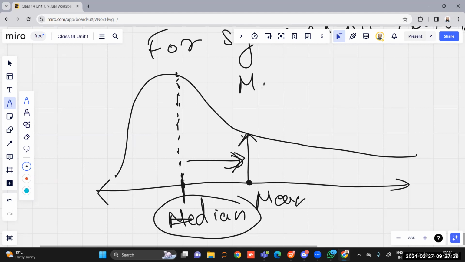The mean and median cannot be equal here because it is right skewed, so there are greater values at the right. I gave you an example in the earlier classes.